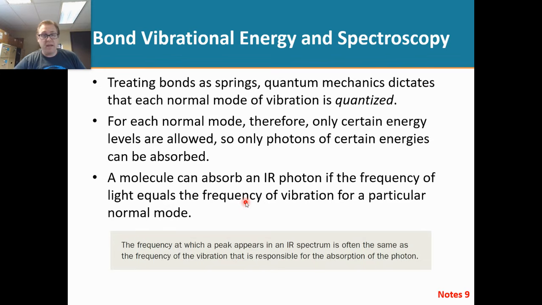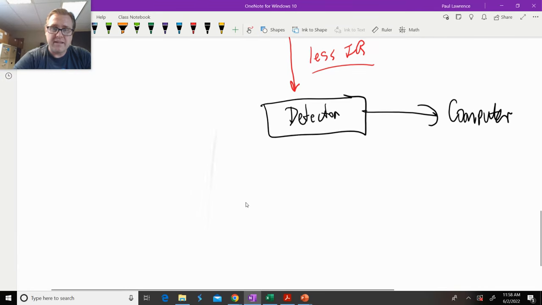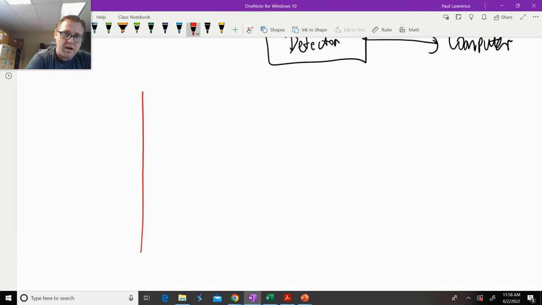Now, when we look at molecules as if they have springs on them, quantum mechanics is going to tell us that each one of these vibrational modes is quantized. Energy is quantized. What does that mean? Okay. And I'm going to simplify this here. If we have energy on our y-axis here, we could have a vibrational mode that looks like this.